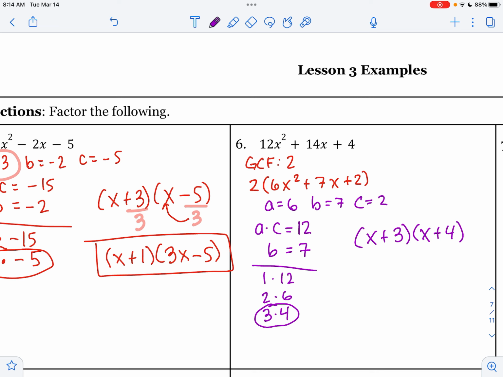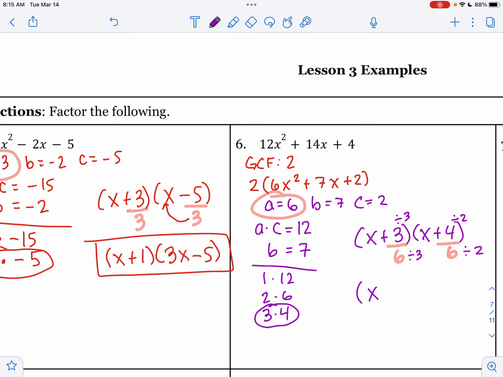Okay, and now we're going to divide both of these by a. So my a was 6, so you're going to divide this by 6. And then we can simplify both of these fractions. So I'm going to divide the top by 3 and the bottom by 3. And I'm going to divide the top over here by 2 and the bottom over here by 2.